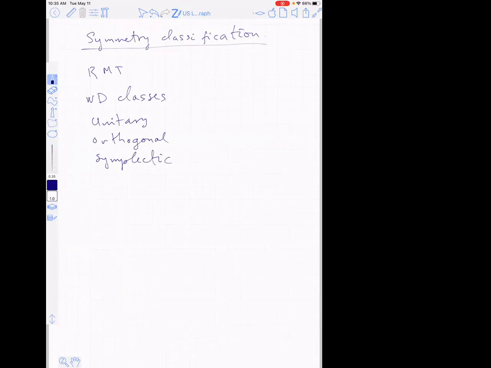Essentially what they realized is that you can think about all possible physical symmetries being broken. In particular, if time reversal is broken, then the Hamiltonian is not constrained at all, except that it's a Hermitian matrix.